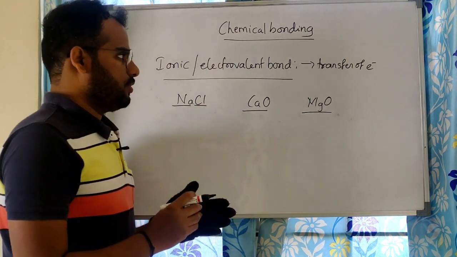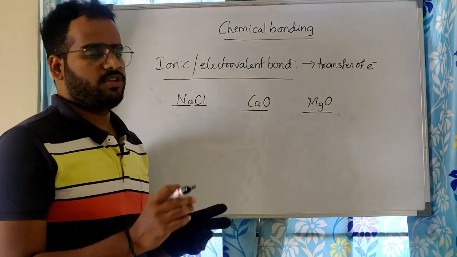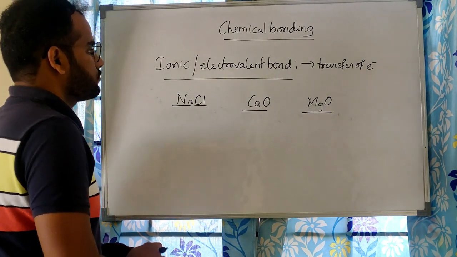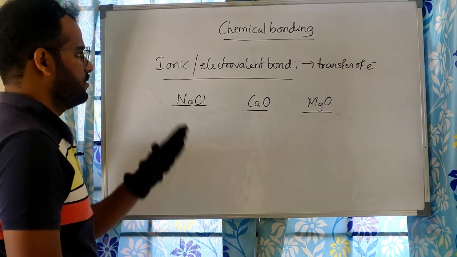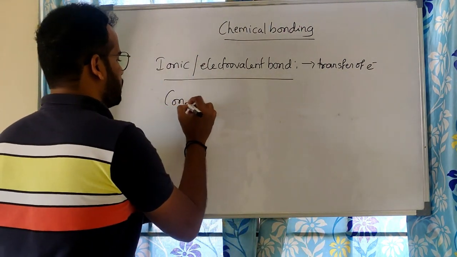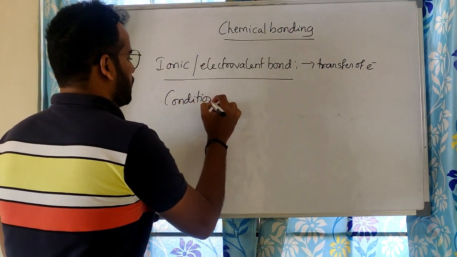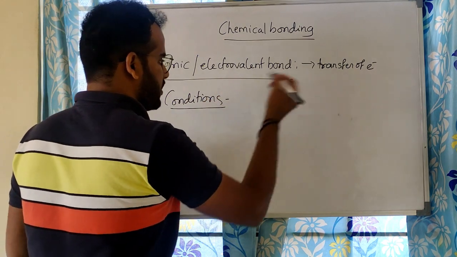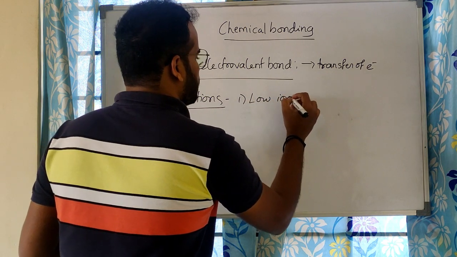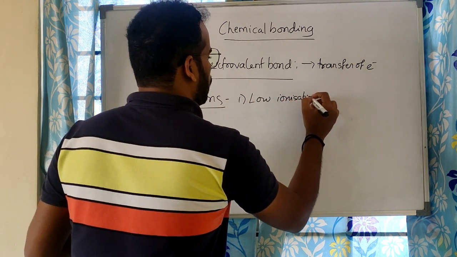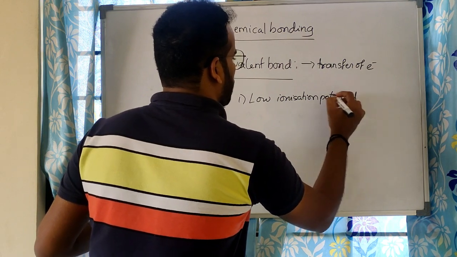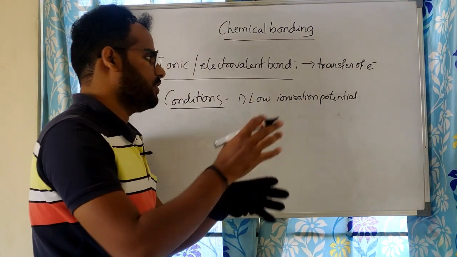In this we are going to study the electron dot diagram, which I will do in a separate video. Okay, so what are the conditions for formation of an ionic bond? Metals should have low ionization potential. Low ionization potential means they will easily lose electrons.